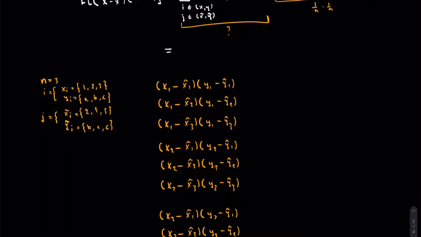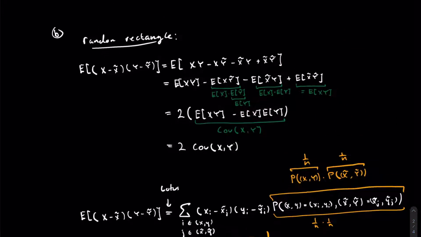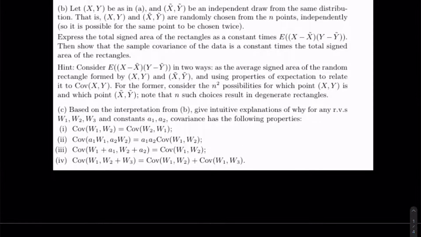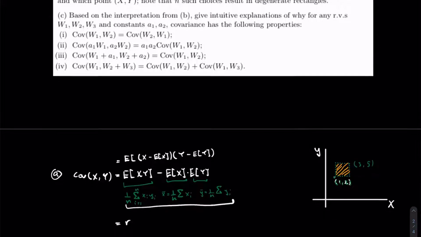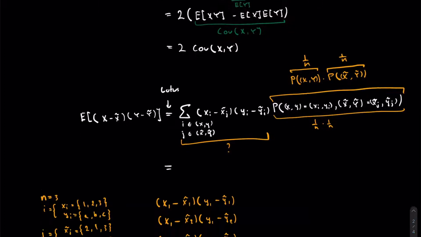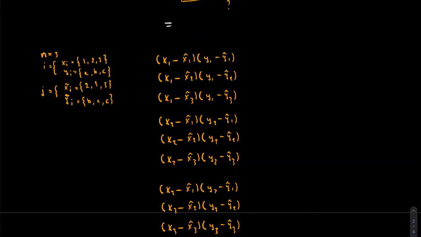Okay, and then we have, in fact, n times when the signed area is degenerate. This is what is given in the hint, but note that there's n such choices resulting in n degenerate rectangles. But I'm showing you what this means. This is what the whole example is doing here.